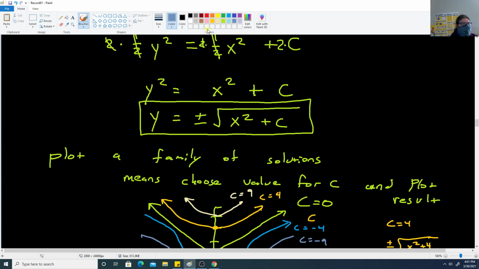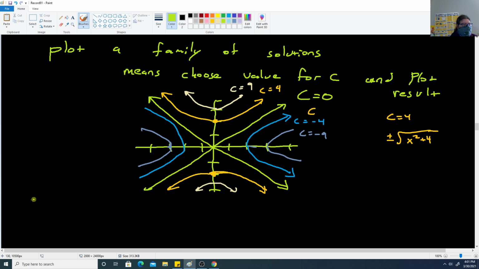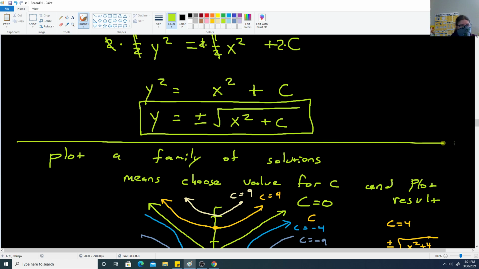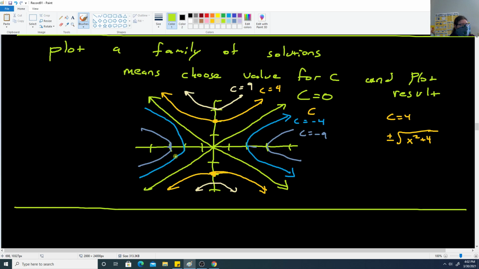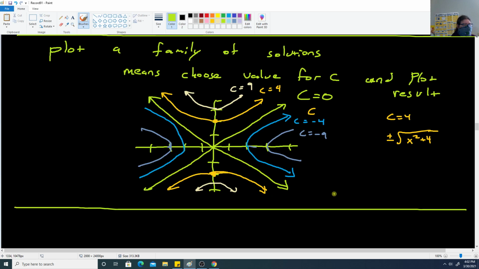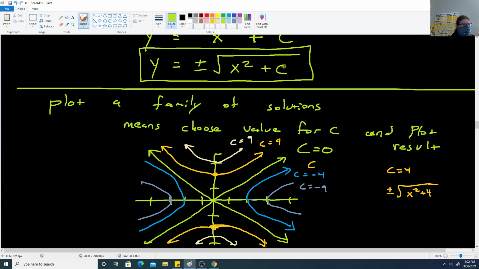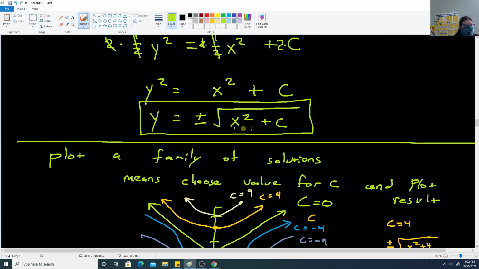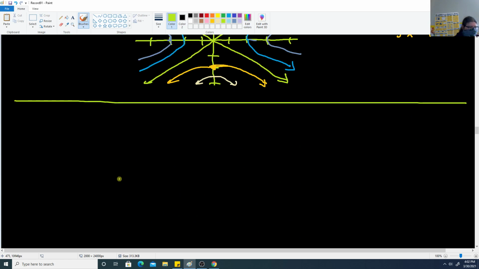Depending on the function, it depends on what spacing of C's you may want to choose. If this didn't have a square root, maybe we would want to do C as 1, then 2, then 3 instead of 0, 4, and 9. But you can choose C values and generate a plot of a family of solutions if you know what the general equation looks like.